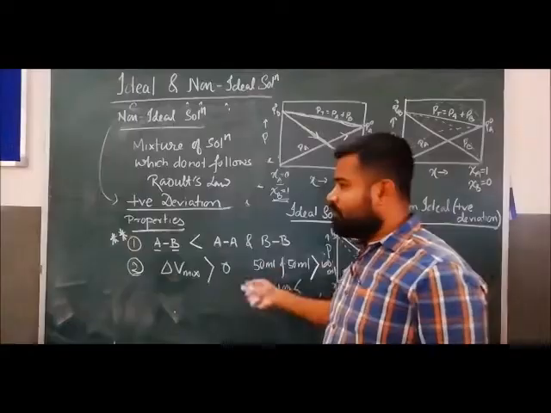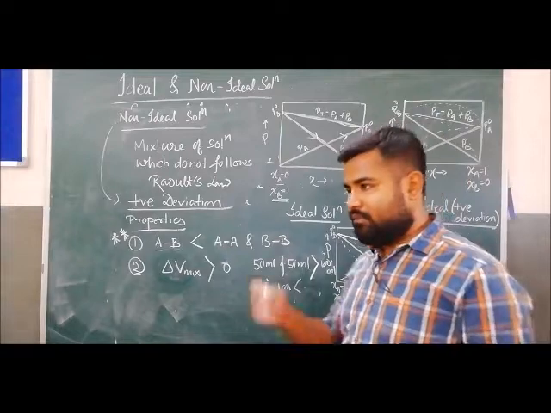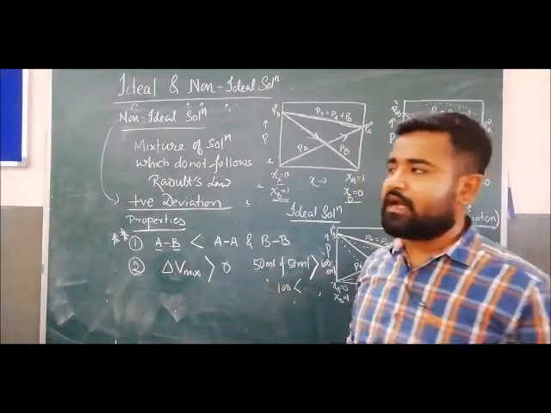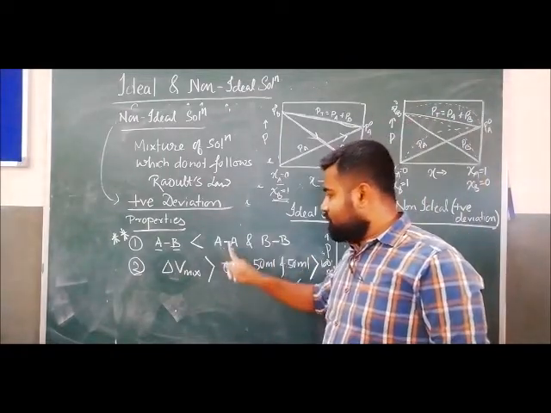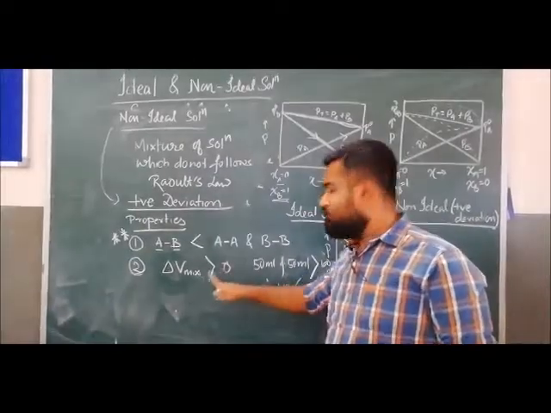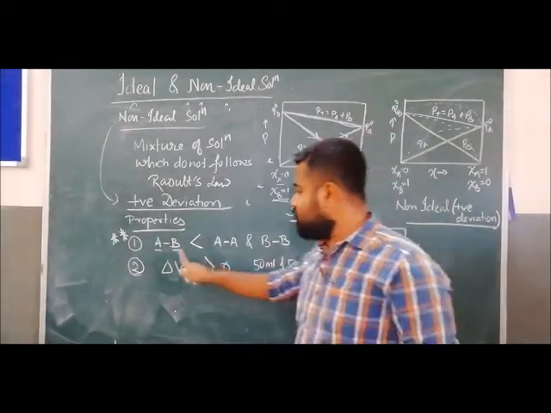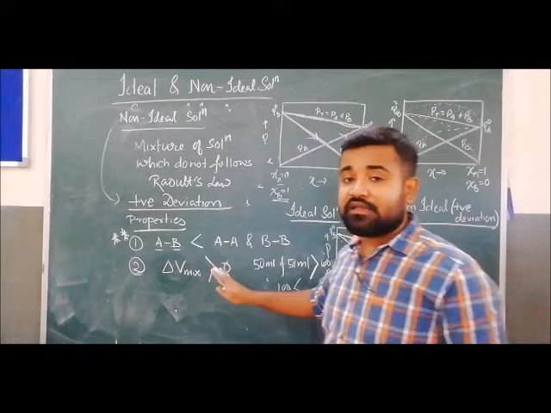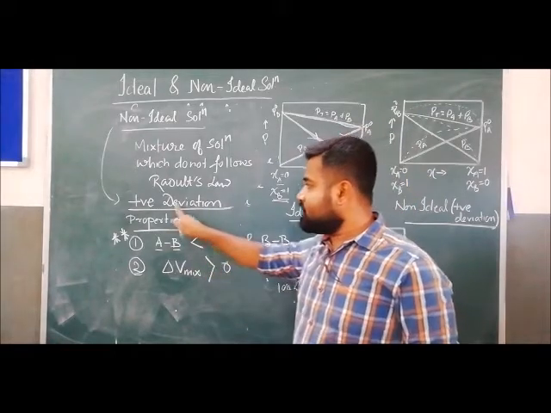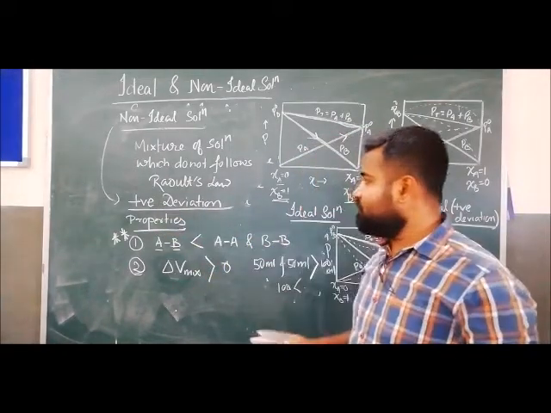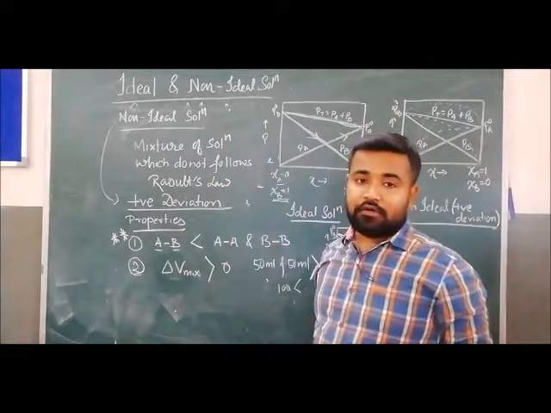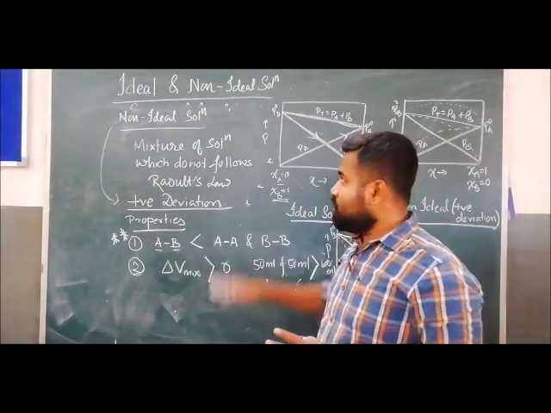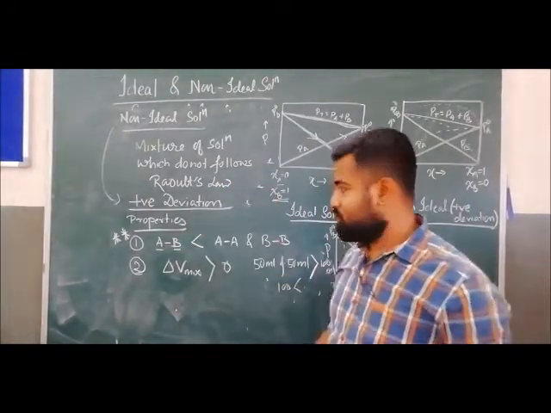The volume increases, maybe by a very slight amount, so delta V mixing is greater than 0, not equal to 0. That is the second property of a non-ideal solution with positive deviation.